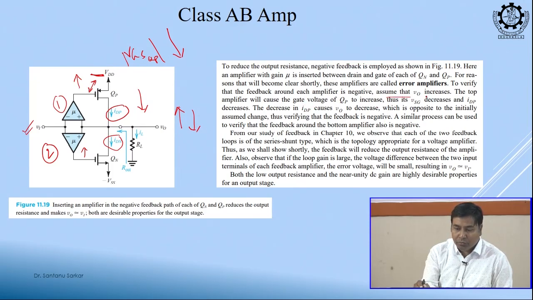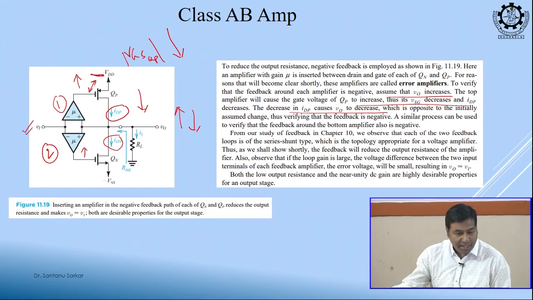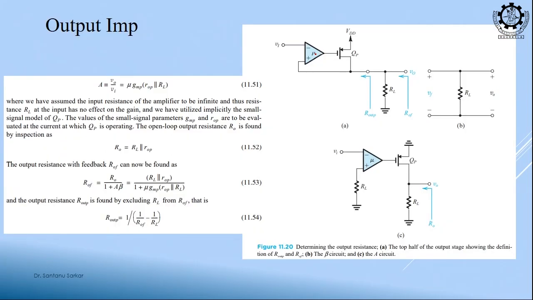So, if we assume that V0 is increasing, they will try to balance the V0. So, we can say that this is a case of negative feedback circuit, which is helping to reduce the output impedance by 1 plus A beta. What is A beta?